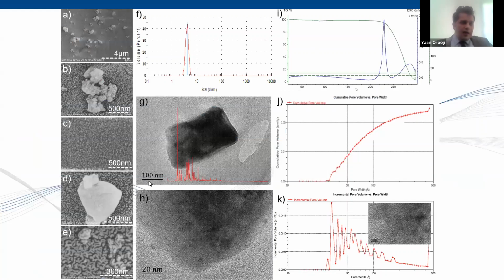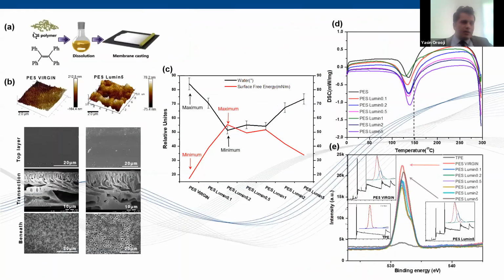These are the results of TPE. And you can see the particle size here and TEM results and pore size. We simply did mixed matrix membrane casting with phase inversion, and after that you can see many of the results were comparable for PS Lumi 5 and PS Virgin.